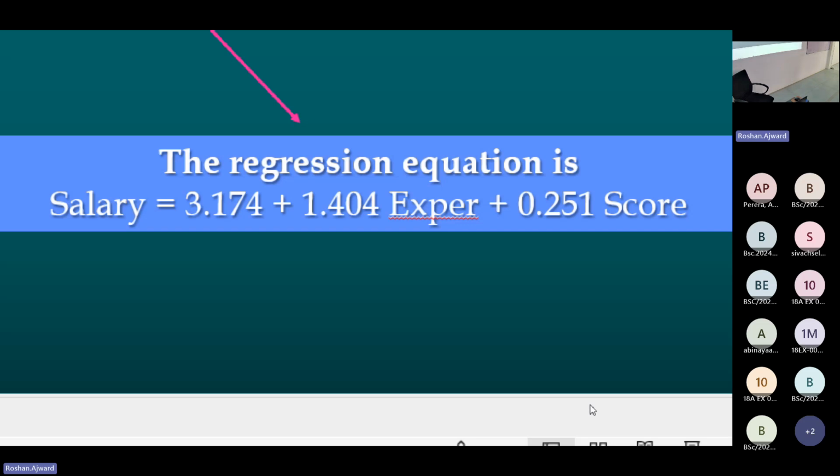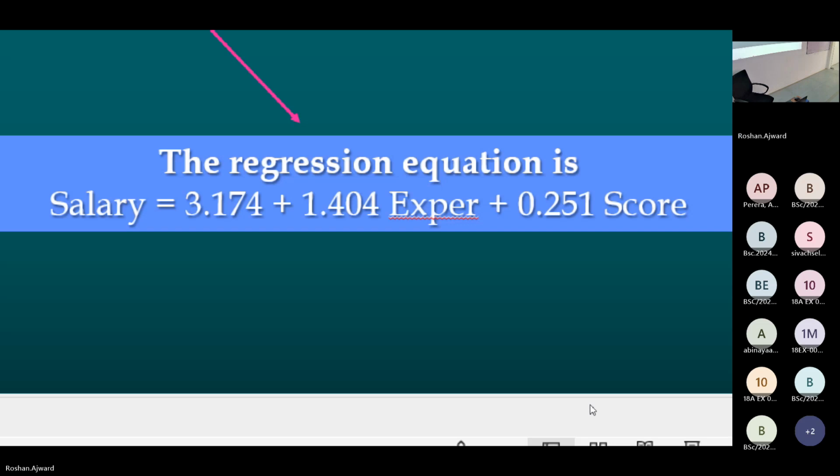When experience goes up by 1 year, the salary goes up by $1,404. When marks go up by 1 mark, it goes up by $251. So you should be able to interpret the coefficients and the intercept.